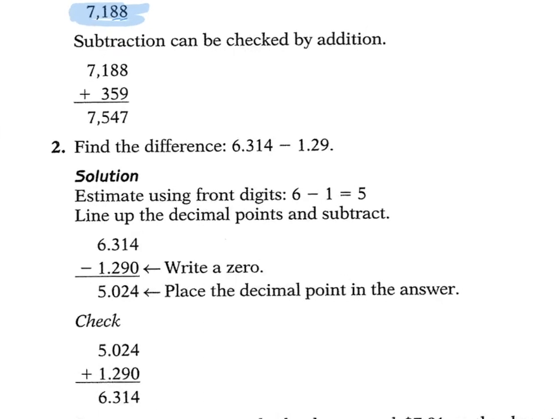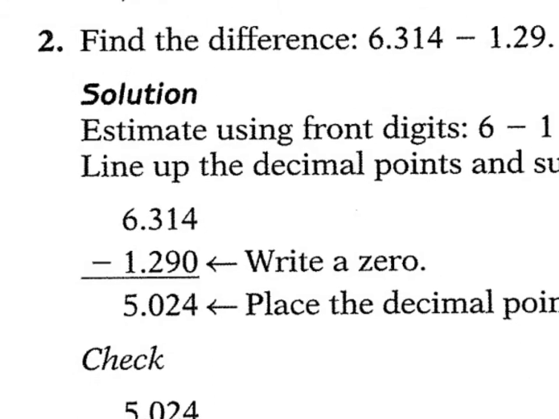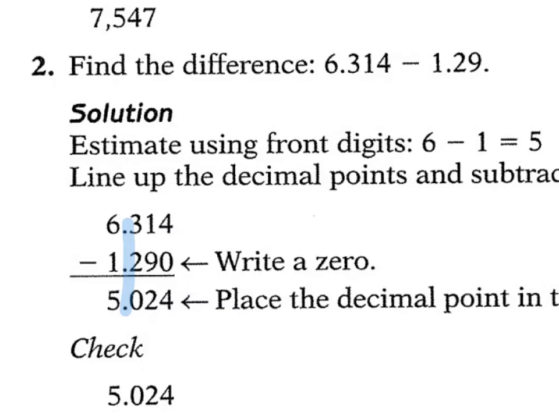Next, for number 2, we need to subtract again. So we need to line up our numbers so that the decimal places are all in a line. Since our top number, 6.314, goes to the thousandths place, we need to make our bottom number go to the thousandths place, so we would write a 0.